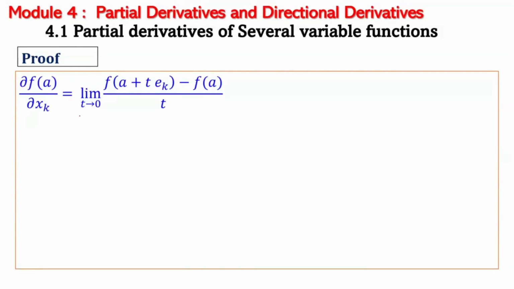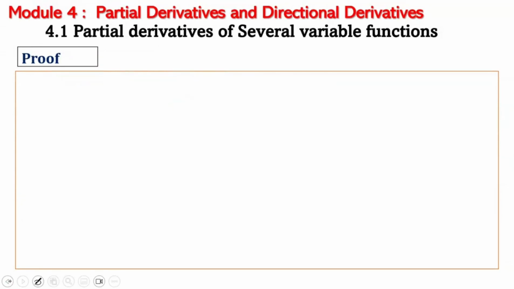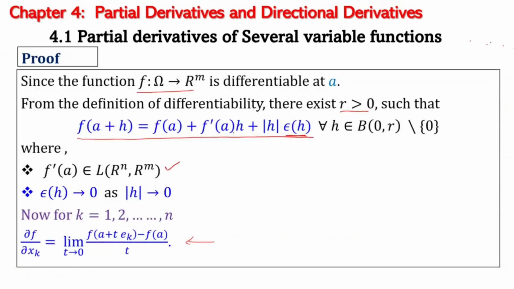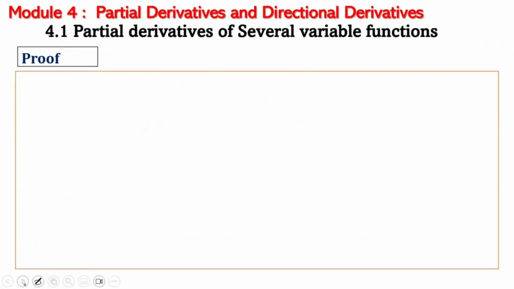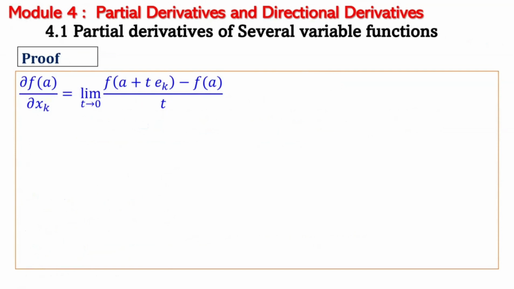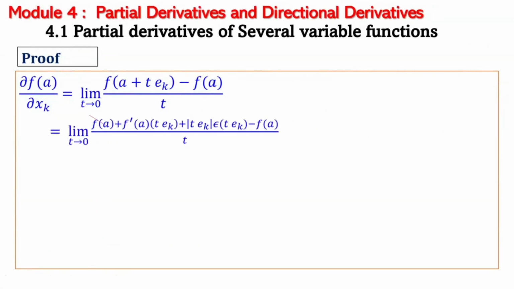Now this ∂f/∂xk is the limit as t tends to 0 of f(a+t e_k) minus f(a) over t. From the previous formula, we open it now, and then we get f(a) plus f'(a)(t e_k) plus |t e_k| epsilon(t e_k) minus f(a) over t.